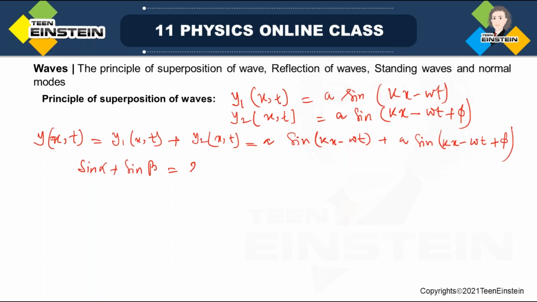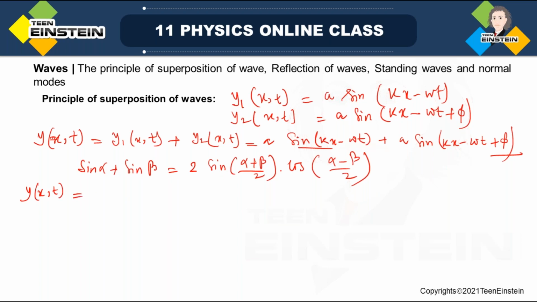So how to do that? 2 sine of (alpha plus beta) by 2, and cosine of (alpha minus beta) divided by 2. This is the trigonometric identity we are going to use for this particular summation or addition.